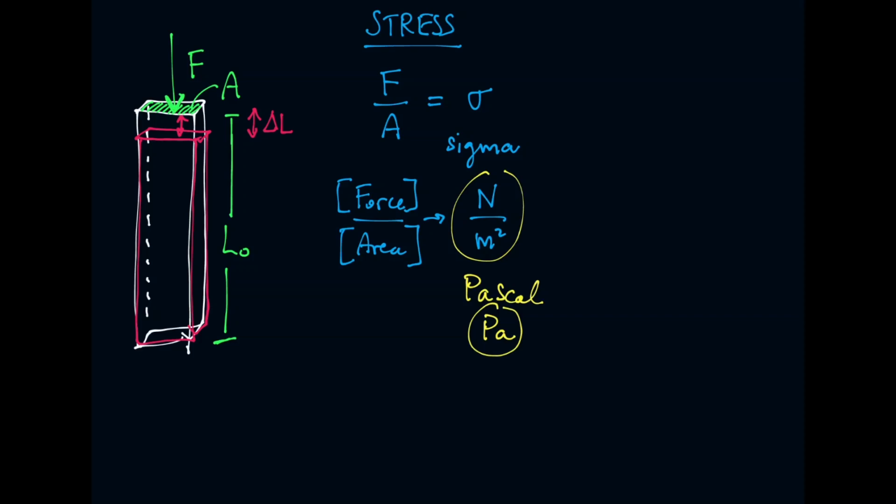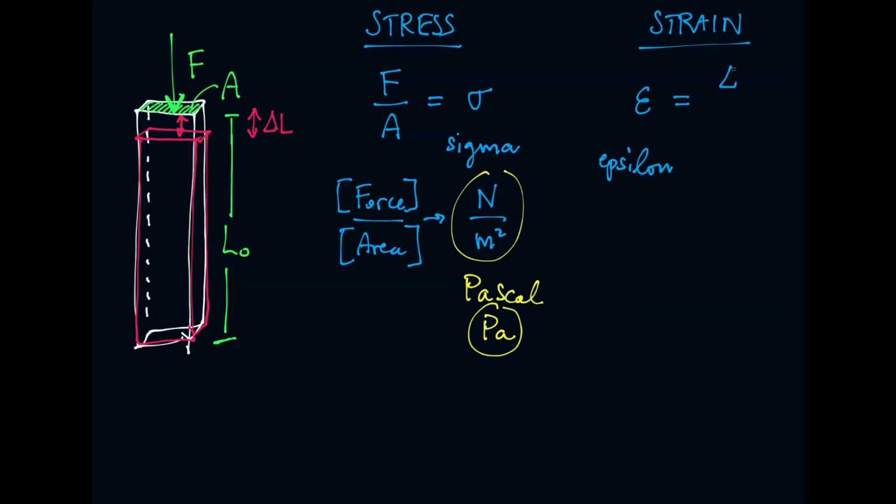Okay, now what else? We can define strain, again, not the psychological strain of dealing with me, but the physical strain, typically denoted with epsilon. This is another one of the Greek letters, epsilon.